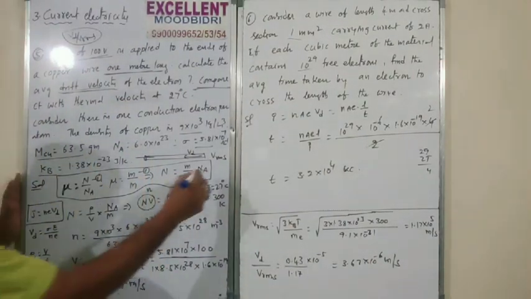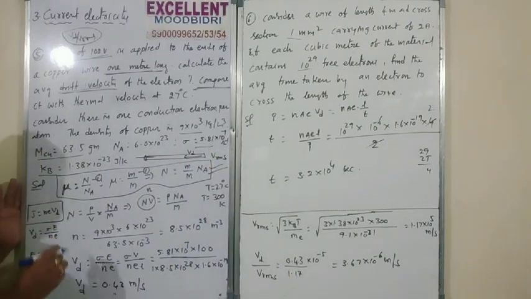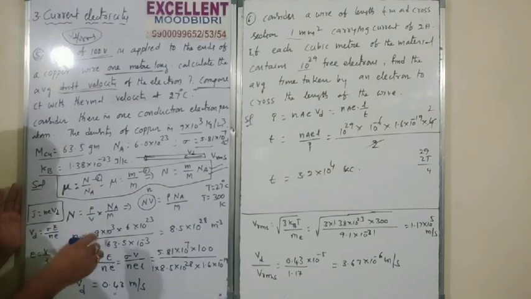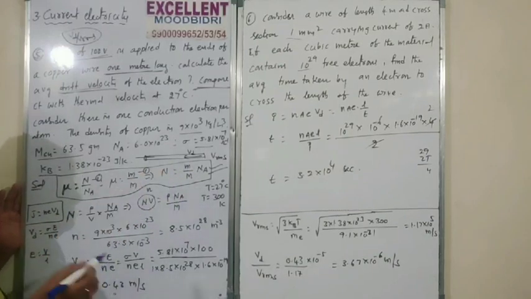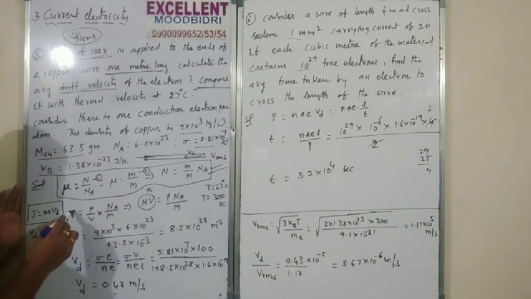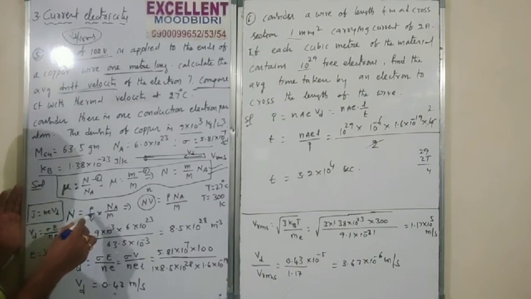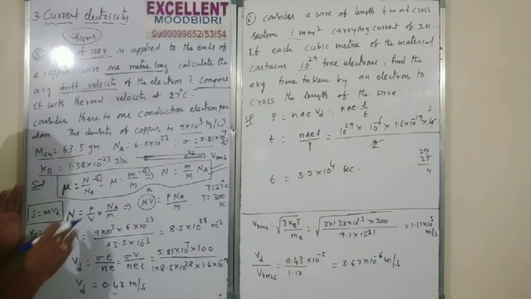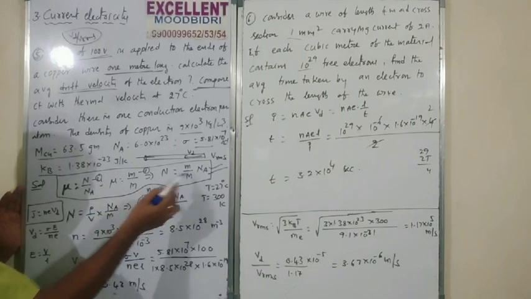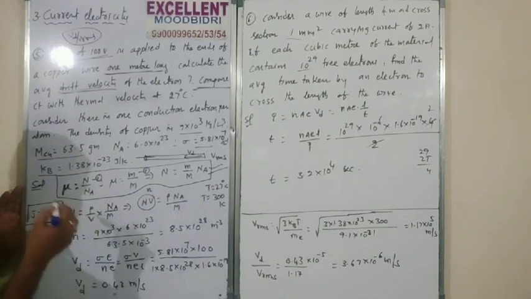Here mass is not given, so that mass we can convert into density terms. Therefore, N is equal to rho by V, density by volume, into Avogadro number by molecular weight. Rho means density here, not resistivity.